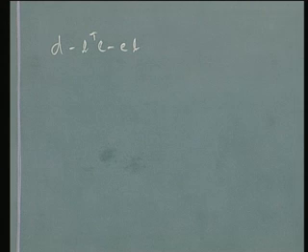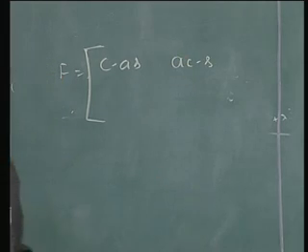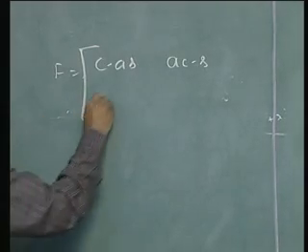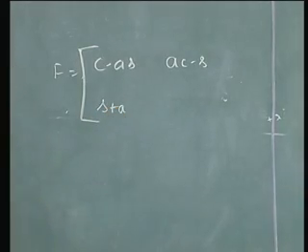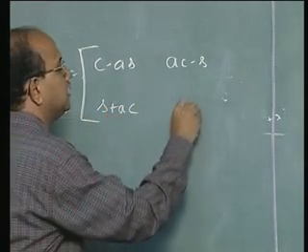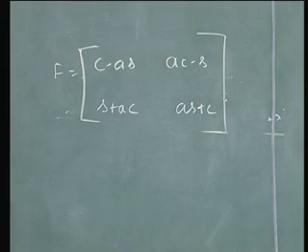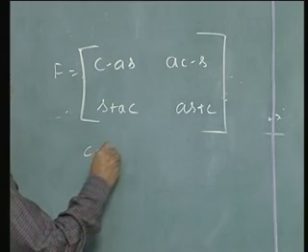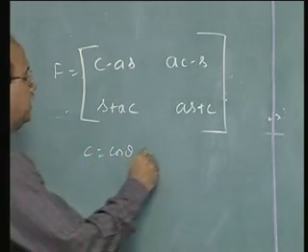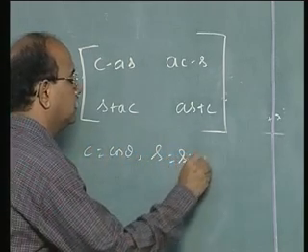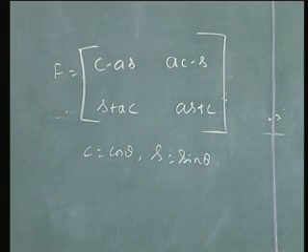Consider the deformation gradient F given by C minus AS, AC minus S, S plus AC, AS plus C. Of course, C is equal to cos theta and S is equal to sin theta.